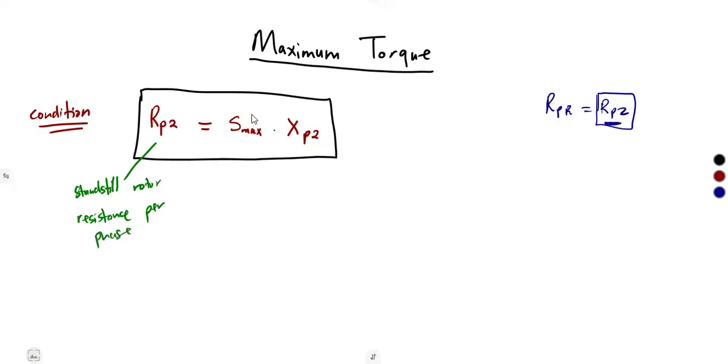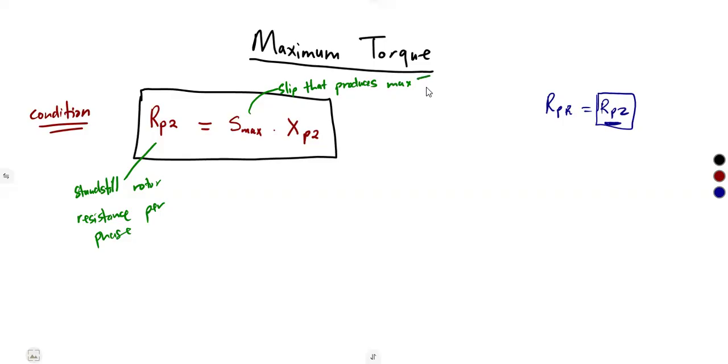All right. We have this slip. When we say the maximum, that is the slip that produces maximum torque.